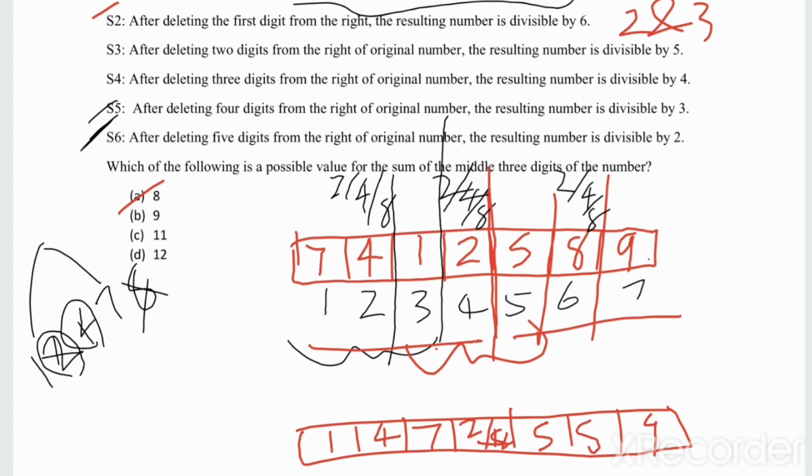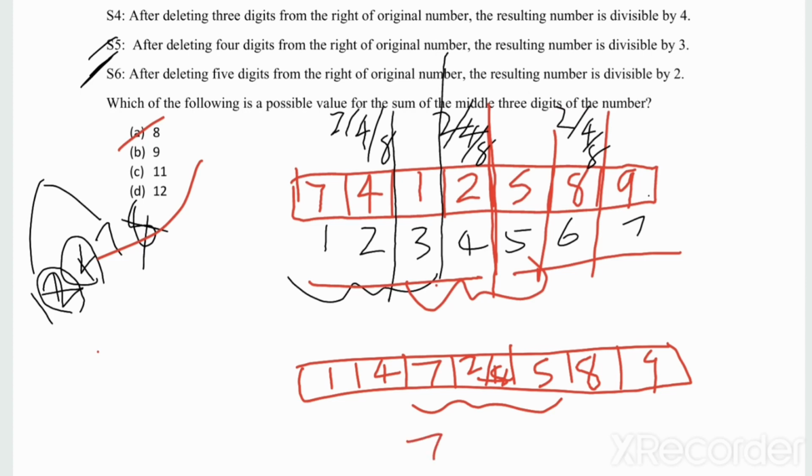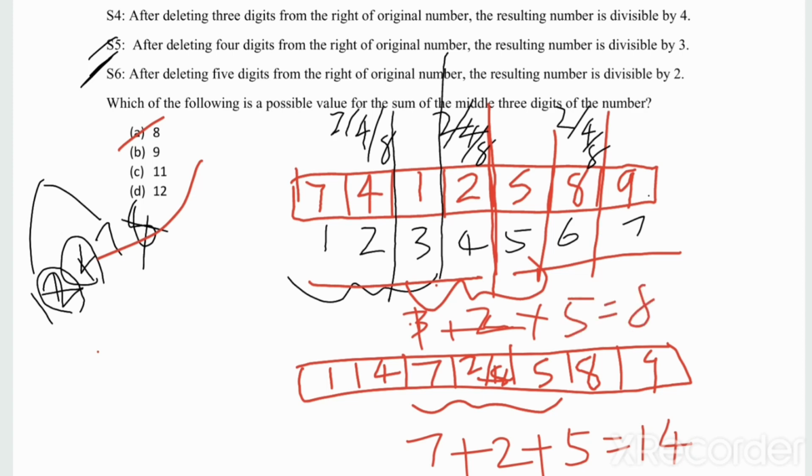Then here it should be 8. Now see the sum of the middle 3 digits. 7 plus 2 plus 5 equals 14. 14 is not given in the options. So from the given options, the answer is option A, 8. 1 plus 2 plus 5 equals 8. This is the answer.